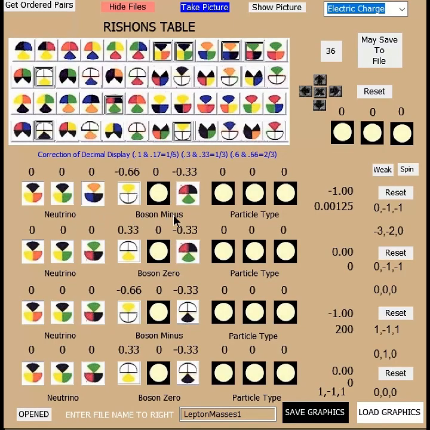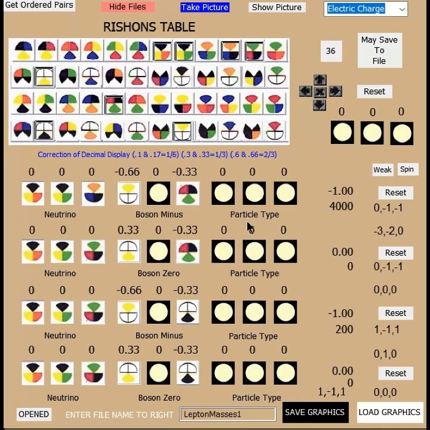And then that muon will then be multiplied by the appropriate mass factor. And so let's see what we get. We get that the tau lepton has a mass of 4,000 lepton units.